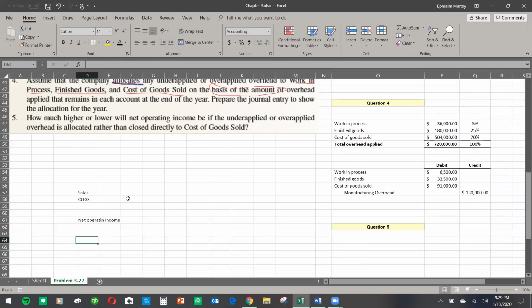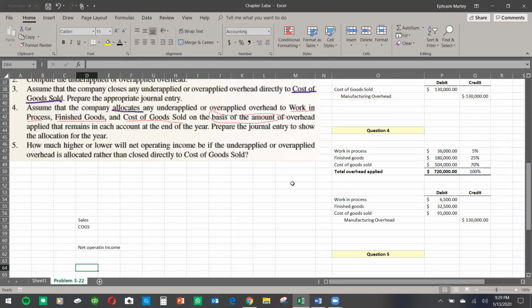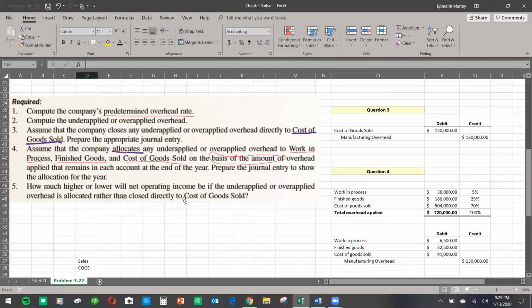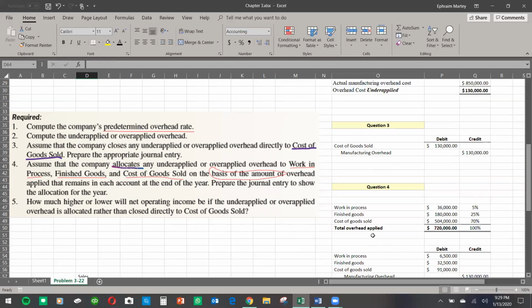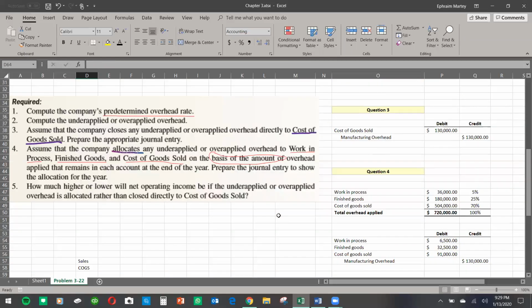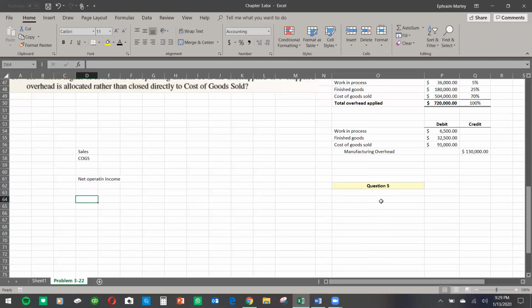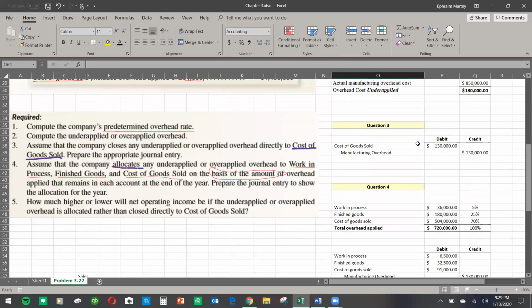So the question is, if we apply it directly versus allocating it, how much would that affect net operating income? If we close it directly and allocating it, how much will that affect the cost of goods sold?